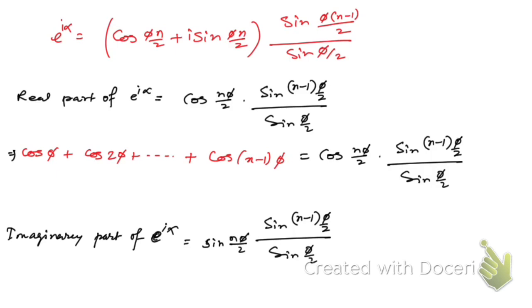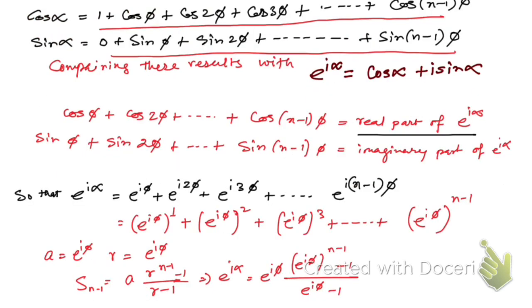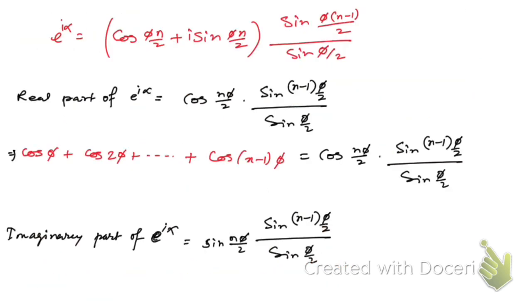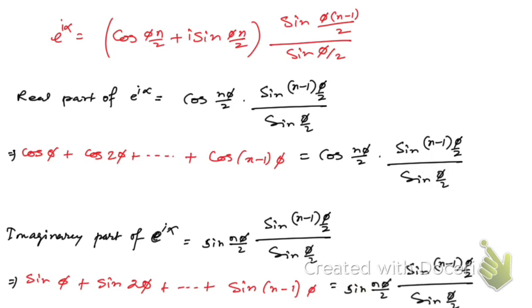And similarly the imaginary part is this one. Here you see, this is the imaginary part of this. So now let me copy this series. Here we can write this is the imaginary part, which must be equal to this one, right? That's what we have got.